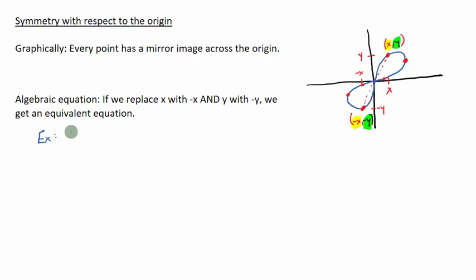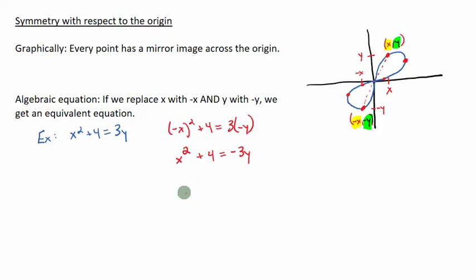The first one, let's look at the equation x squared plus 4 equals 3y. So I'm going to replace x with negative x and y with negative y. When I square negative x, squaring the negative just gives me a positive, so I get x squared plus 4, and 3 times negative y is negative 3y.